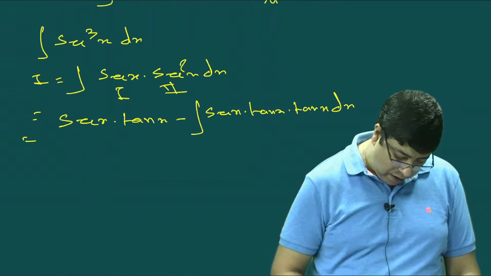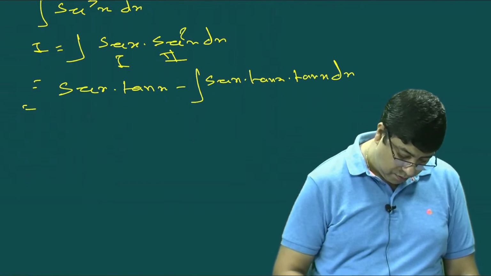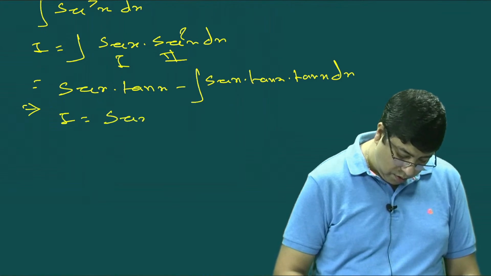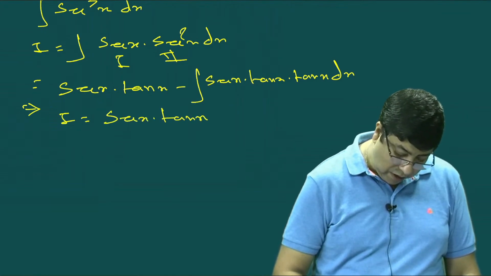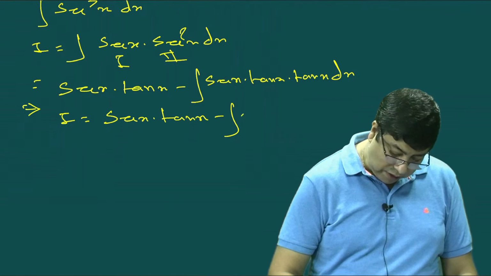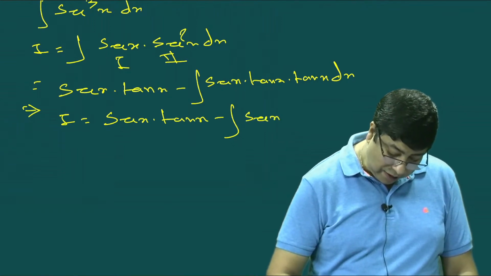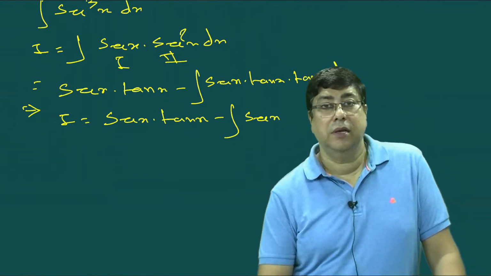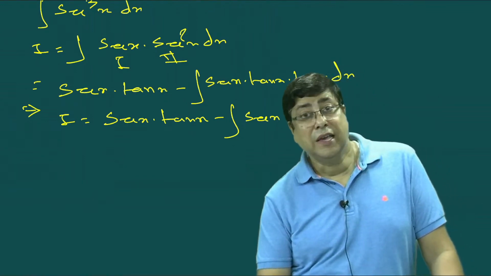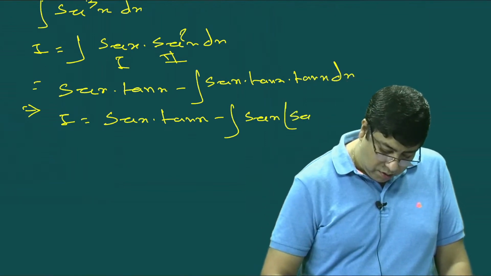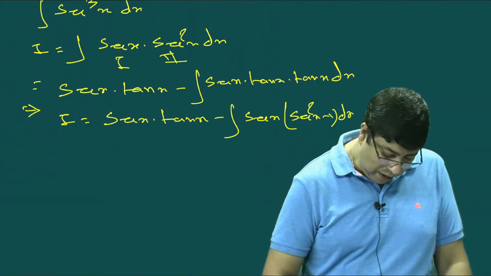So we are getting here I equal to sec x into tan x minus sec x into tan square x. Tan square x can be written as sec square x minus 1, and once again sec square x is getting generated. So sec square x minus 1 dx.